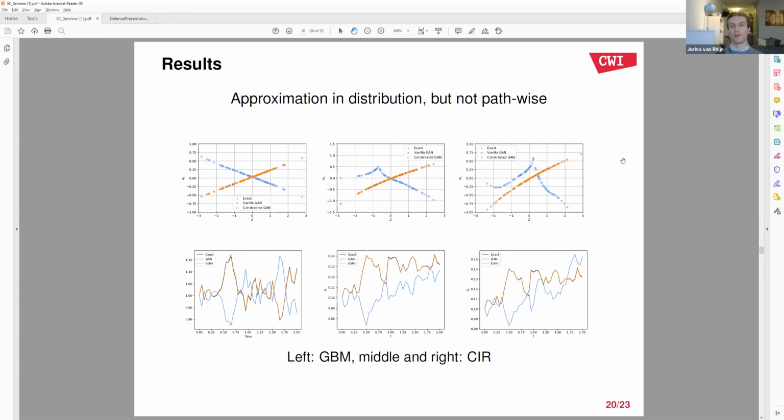So that's what you see on the middle and right figure, which are examples of the CIR process. From the histograms, you can't tell that these maps are so strange. So although it's a close approximation in distribution, it's not a very parsimonious mapping to get an approximation in distribution. And these mappings would become very sensitive to noise.